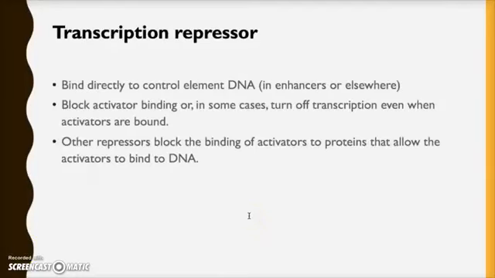Now let's look at how repressors work to inhibit transcription initiation. Basically, transcription repressors work in these three ways. The first one is they bind directly to control element DNA, and the second one is they block activator binding, or in some cases turn off transcription even when activators are bound.